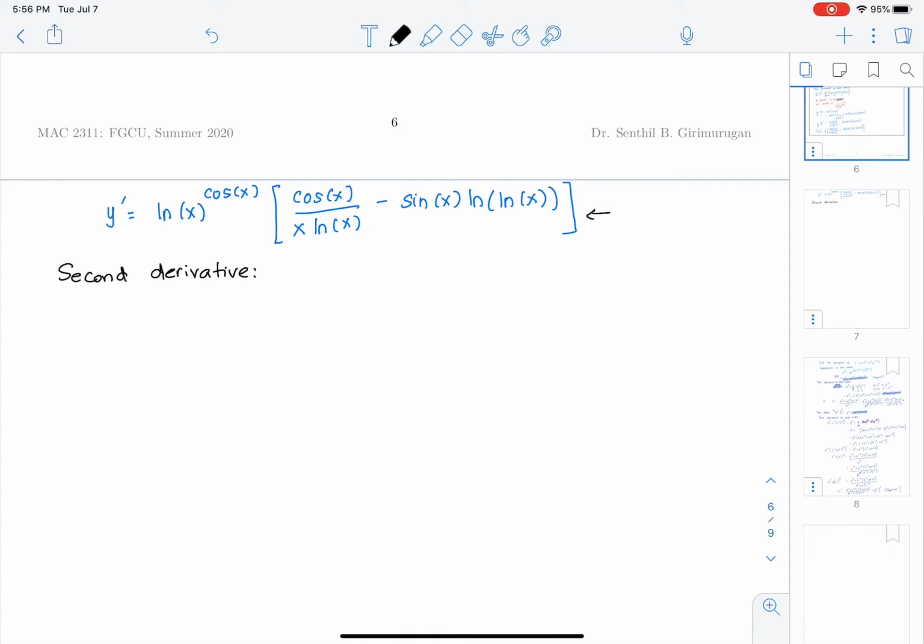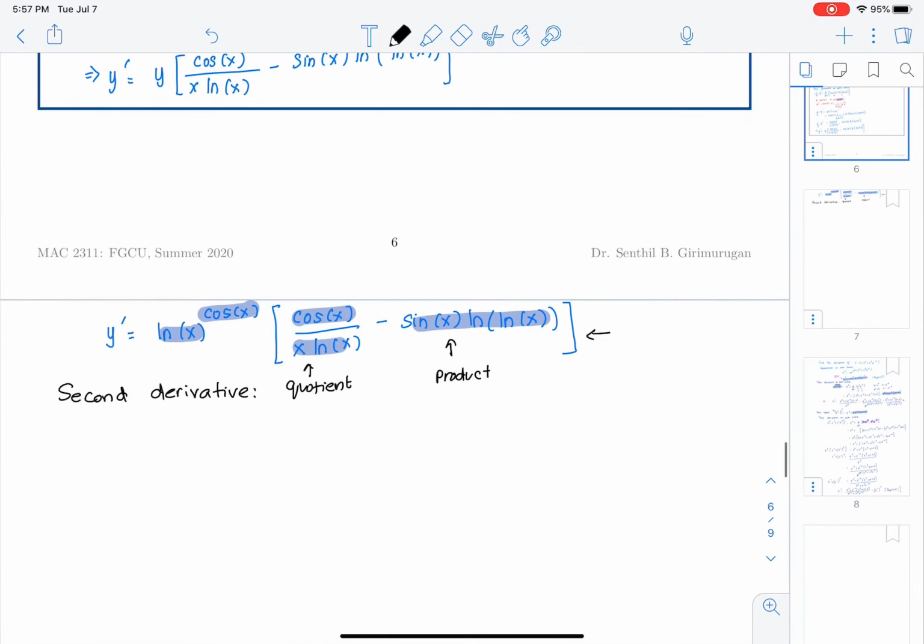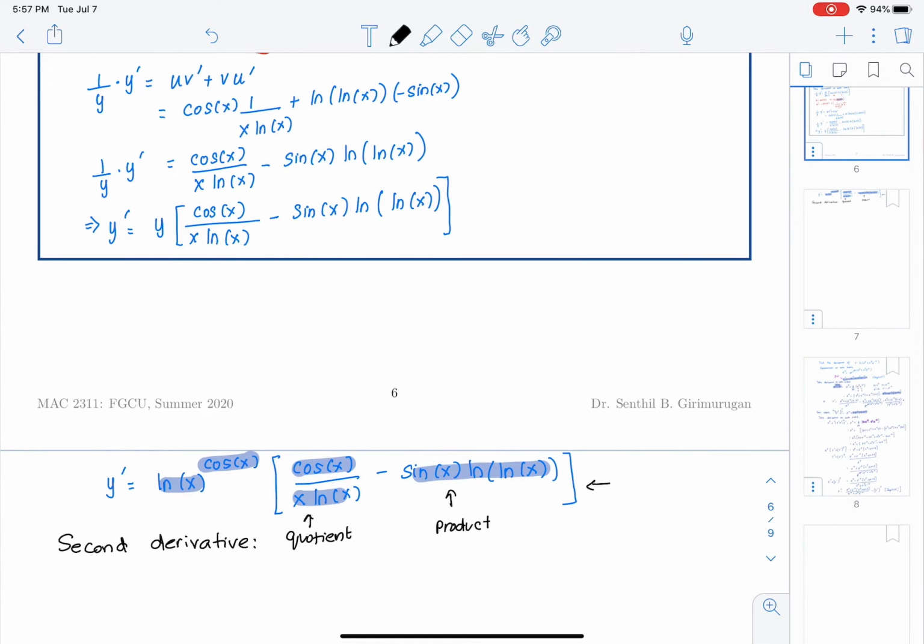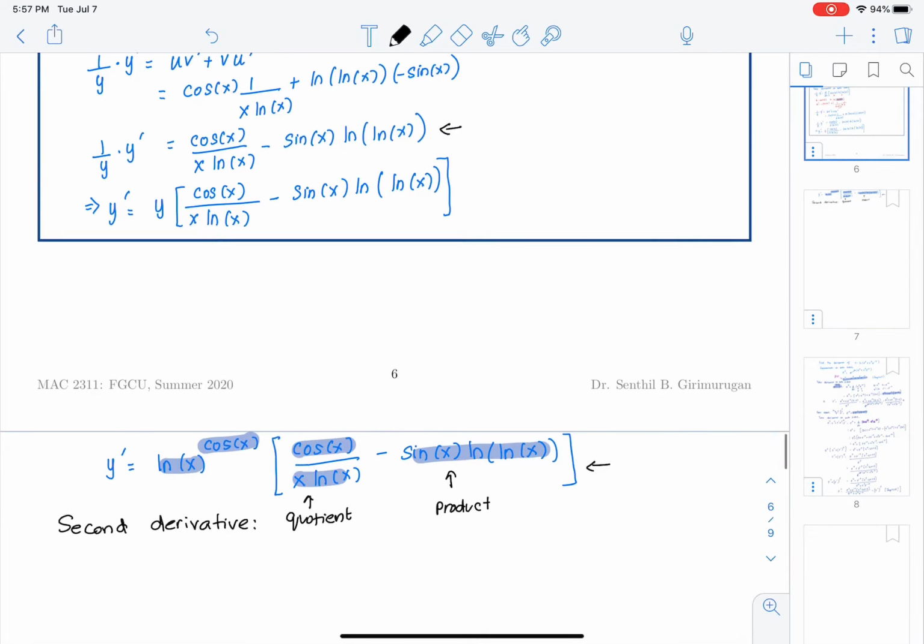Now that is going to be complicated because we have a term here that is in product with this term, and that has a product here, a quotient there, and we need to use product rule there, quotient rule there. So things are going to get out of hand really fast. So what we're going to do rather is we're going to find the second derivative implicitly, like the way we found the first derivative. So we go back to that step right there.